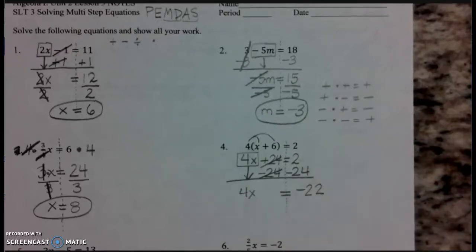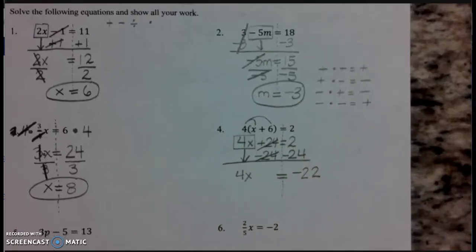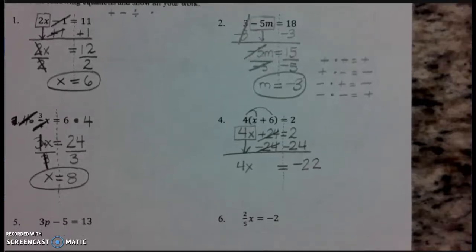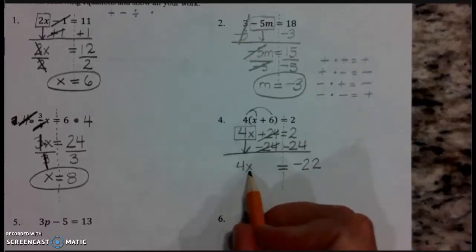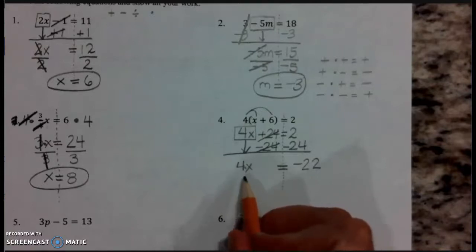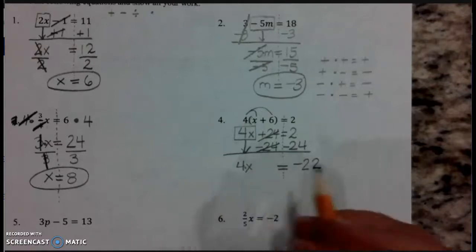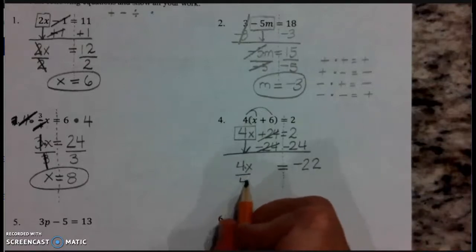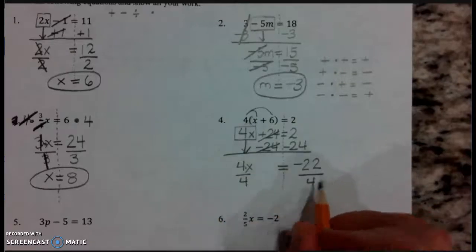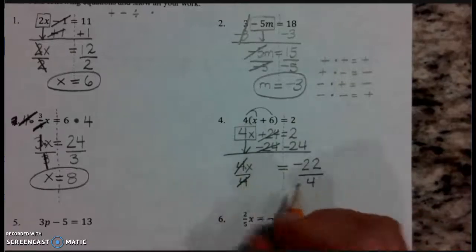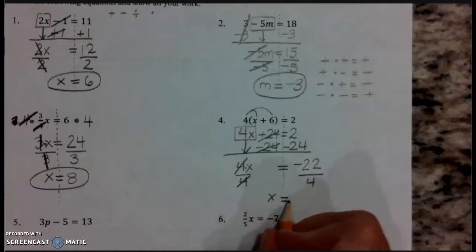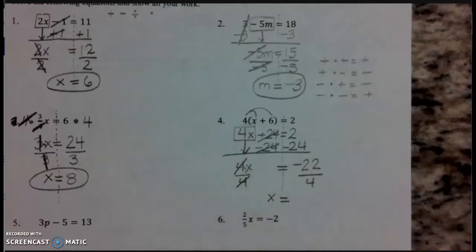Oh no, Ms. Freibush knows that this is not going to work out nicely. That's okay. I'm going to need my calculator for this one. 4x. This has a dot. I don't see add, subtract, or divide, so I know it's the dot. Divide by 4. Divide by 4. This will cancel with this, and x is going to equal, I'm going to go to my calculator on my phone and see what's going on here.